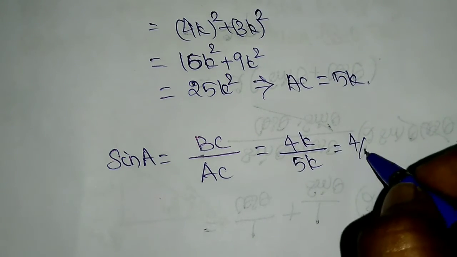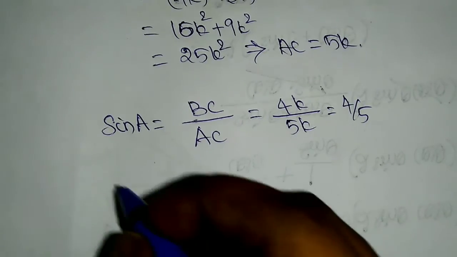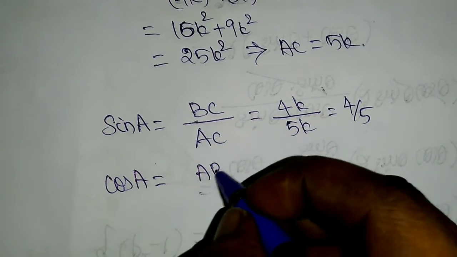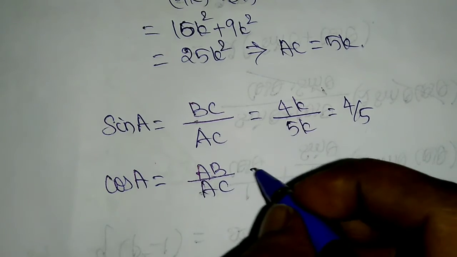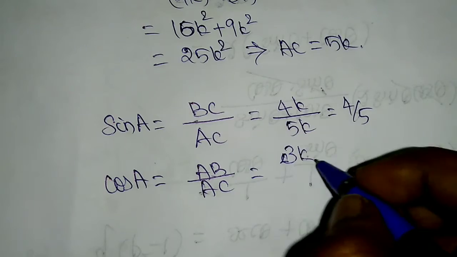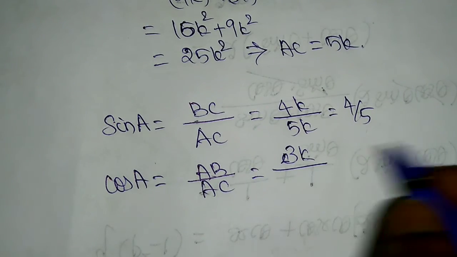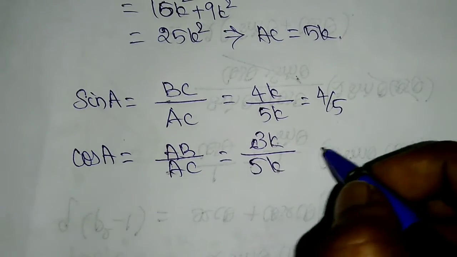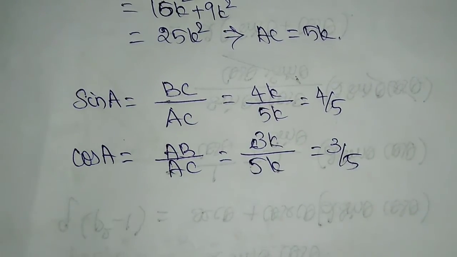Here we get 4 by 5. Now cos A is equal to AB divided by AC. AB value is 3k divided by AC value 5k. So here we get 3 by 5.